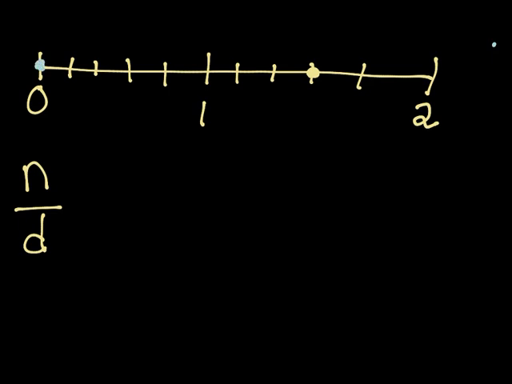So here's my ant. Everybody count. 1, 2, 3, 4, 5. So I know, listen, I know my denominator has to be a 5. Because between 0 and 1 and 1 and 2, they're split into 5 equal parts.